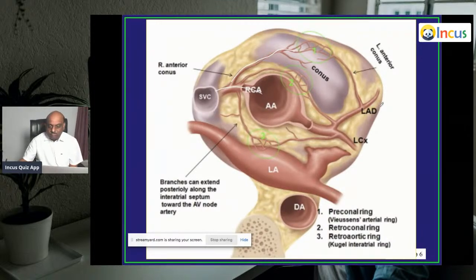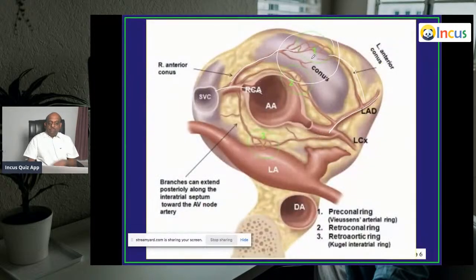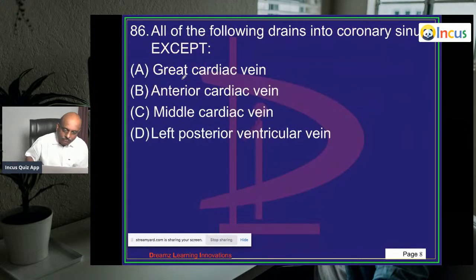And left anterior descending will be giving rise to left anterior conus artery. And both of them have a confluence. So that is what you need to remember about the conus artery. So the left anterior conus and right anterior conus will combine together to form the annulus of Vieussens, is what you have to remember.